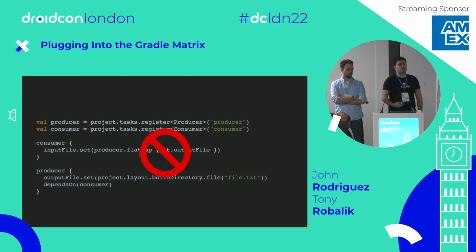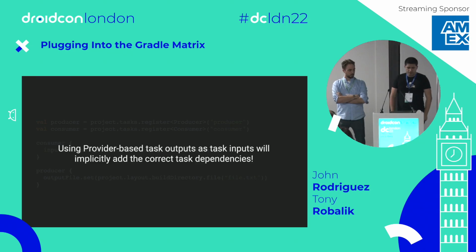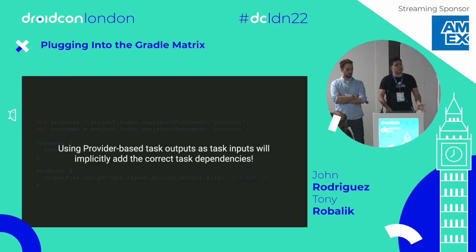What if that plugin changes its implementation detail? You basically couple to an implementation detail by doing so. Also, Gradle's smarter now. It's able to infer this. If you depend on the output of a task, of course you depend on that task. Why would you need the explicit dependency otherwise? So one corollary to this, if you use the provider system, which you really should, you will get task dependency manipulation for free.